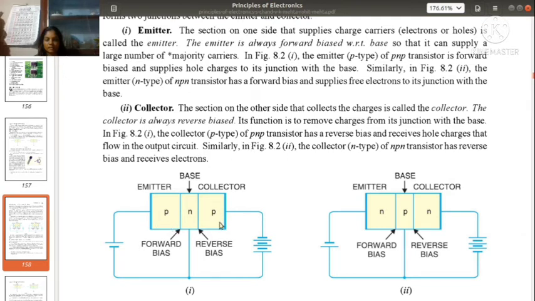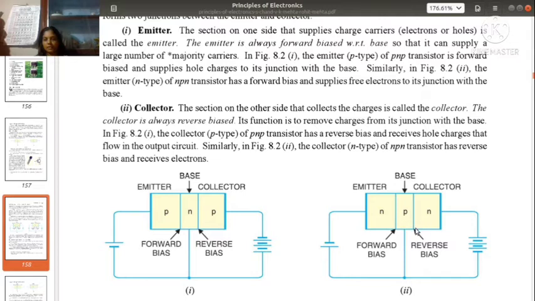That is, this is the PNP transistor, and in this is the PN junction, or this is the collector base region. So this is reverse biased, and it collects all the charges that the emitter emits. Okay. And the second is an NPN transistor.